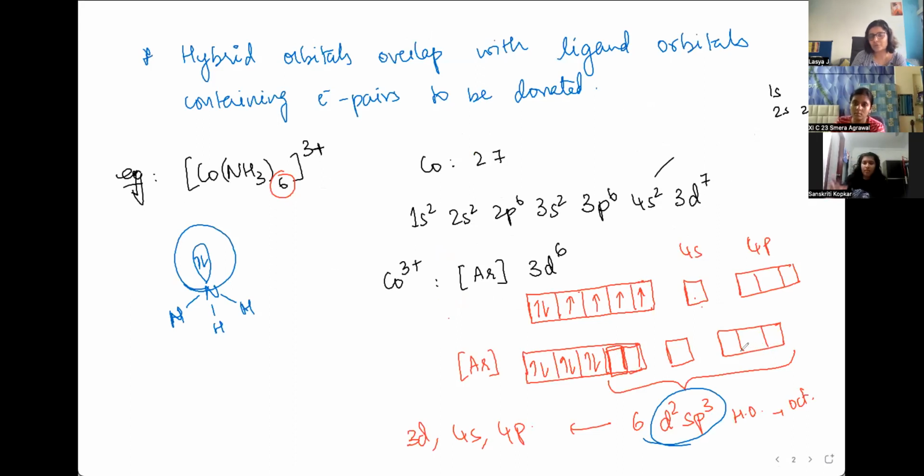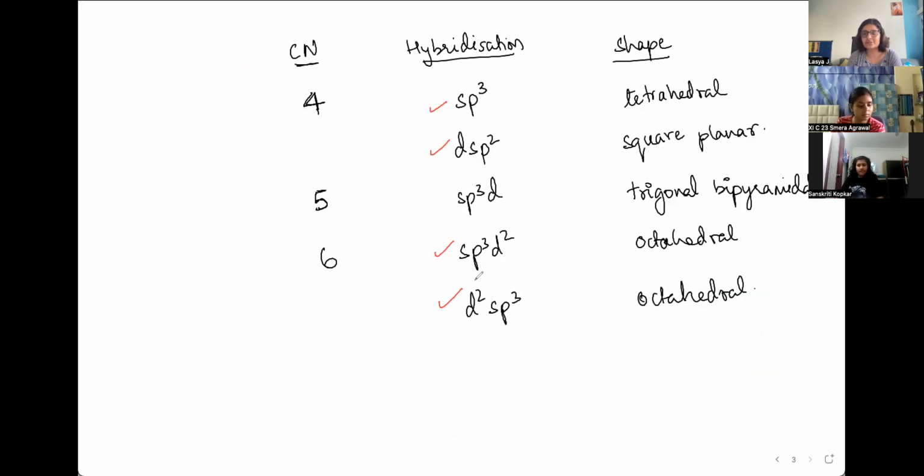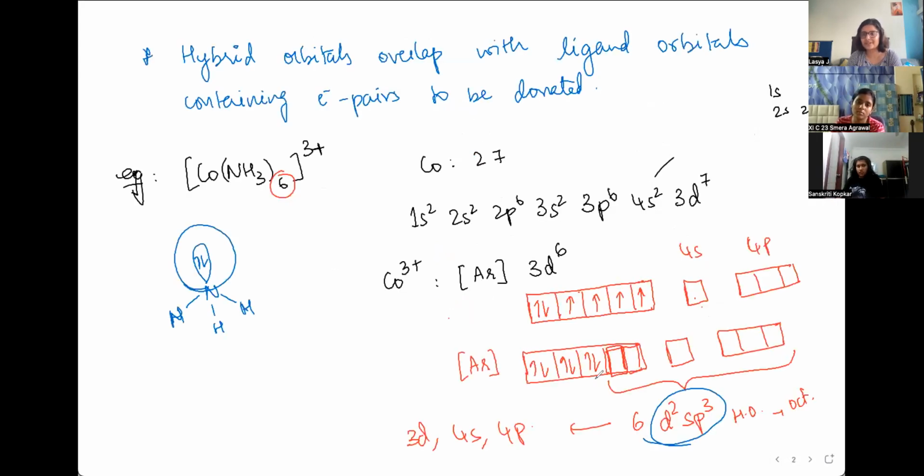But the same cobalt, when it is forming a complex with fluoride ions instead of ammonia, then it undergoes sp3d2 hybridization. Same oxidation state, same cobalt, same number of electrons, but with ammonia it's d2sp3, with fluoride it's sp3d2.